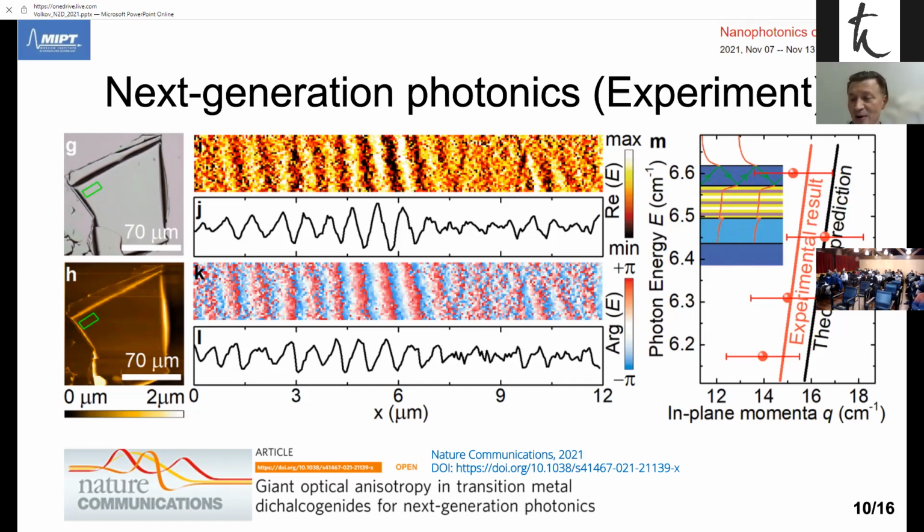The results of this research can be found in more detail in this paper, which has been recently published in Nature Communications. It's called Giant Optical Anisotropy in Transition Metal Dichalcogenides for Next Generation Nanophotonics.